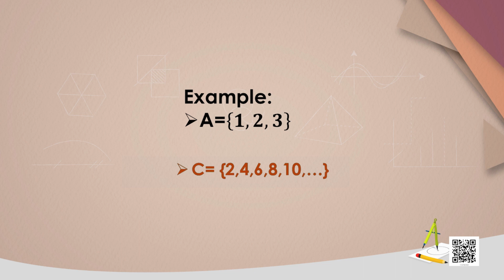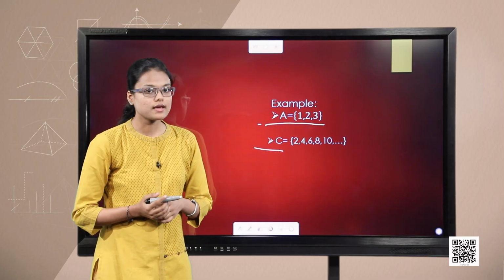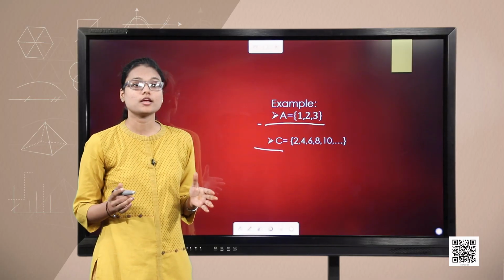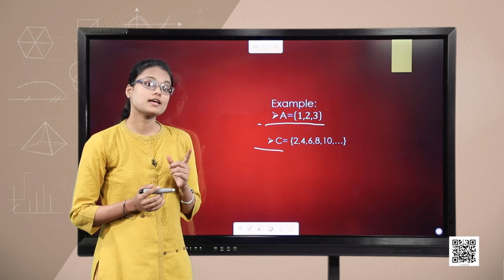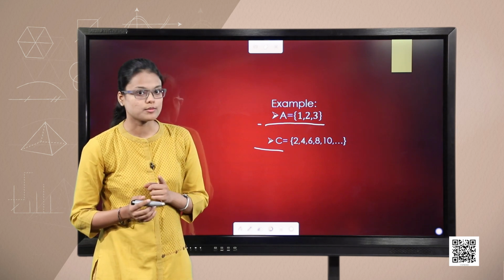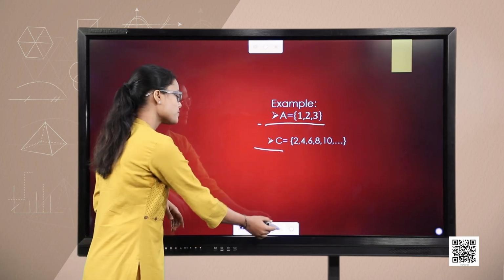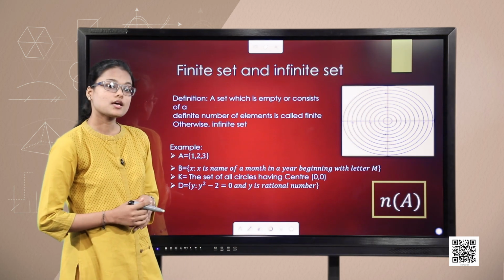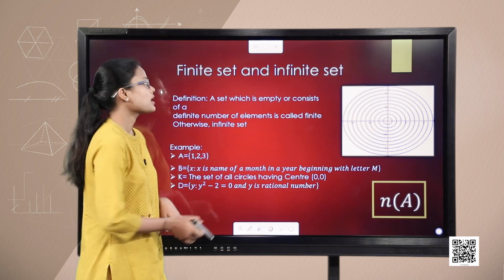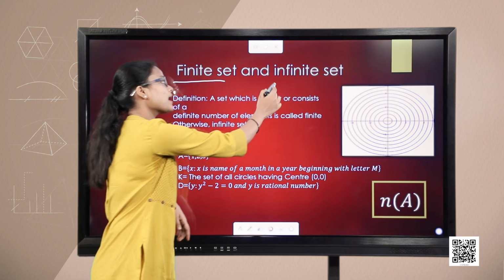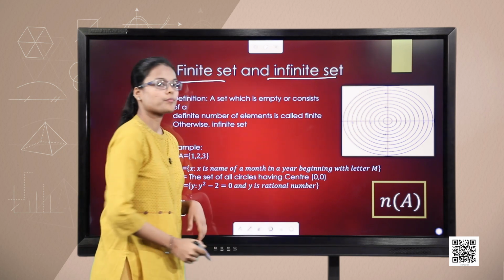They are 2, 4, 6, 8, 10 and so on. So, how many elements are there in C? Infinitely many. So, students, you must have got an insight into what the next type of set will be. Yes, the next type is on the basis of the number of elements in a set. They are finite sets and infinite sets.